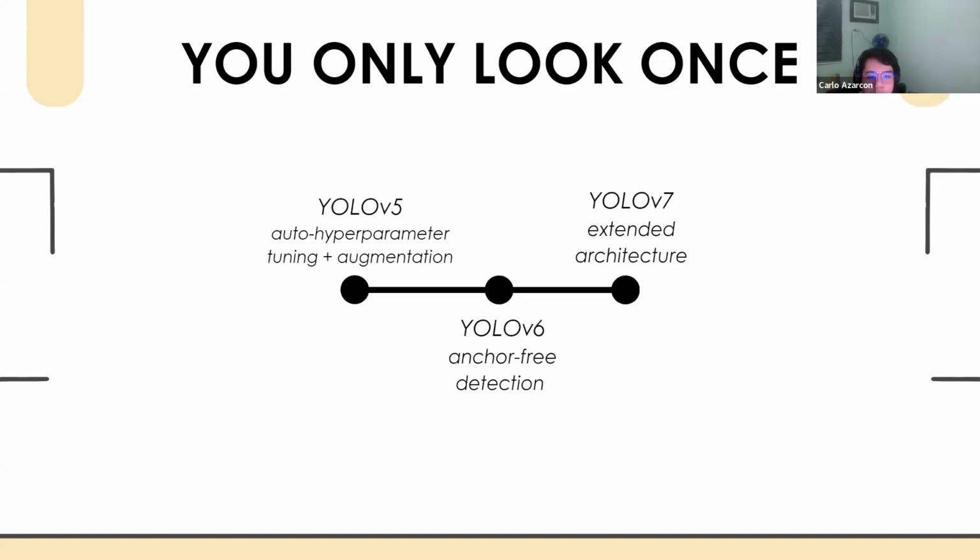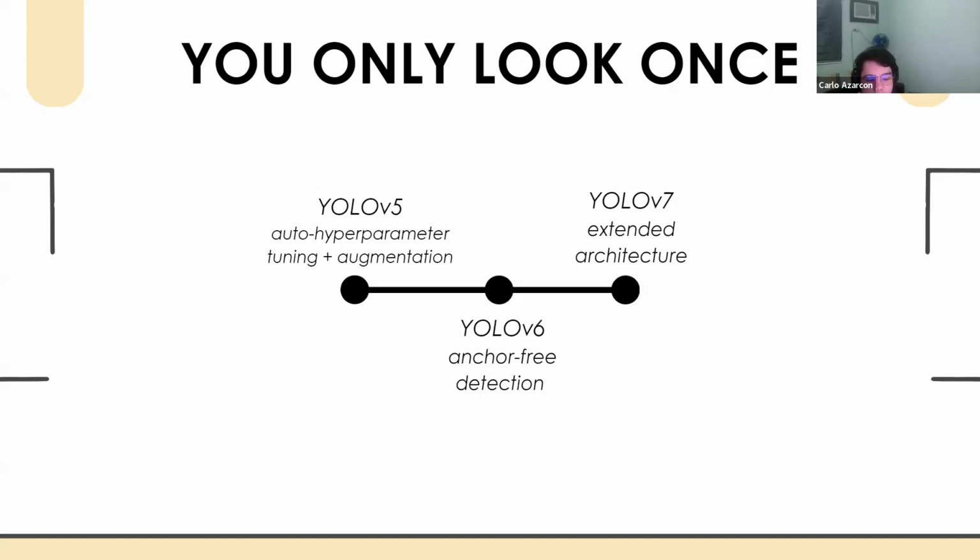Next is YOLOv5, which is the first model by Ultralytics, which is the library that we will use for this workshop, where they introduced auto hyperparameter tuning and augmentation within its model. Next is YOLOv6, which removes the anchor-based detection from YOLO9000 and introduced an anchor-free detection head.